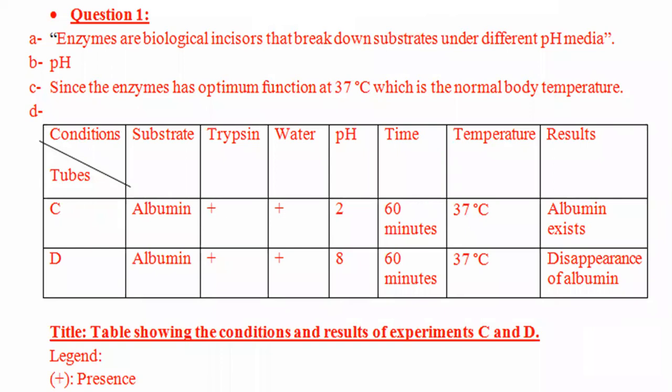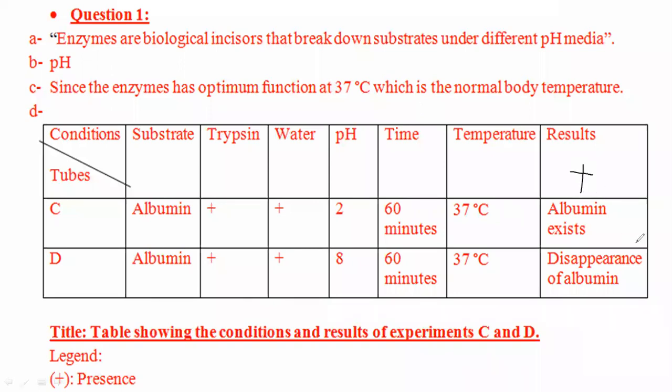Yes, Kareem, your question is? Ustaz Muhammad, can we put in the result minus instead of the disappearance of albumin? Can you repeat? I didn't hear the part. Can we put in the results plus and minus? No, you can't put plus and minus here.